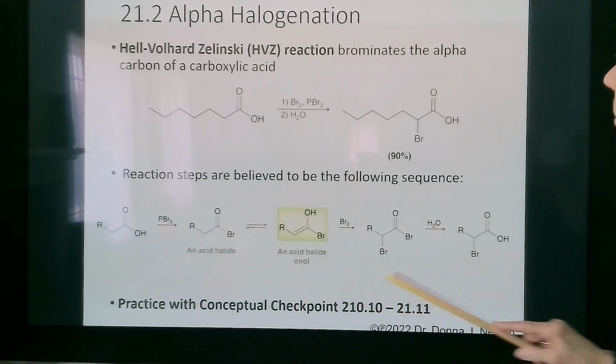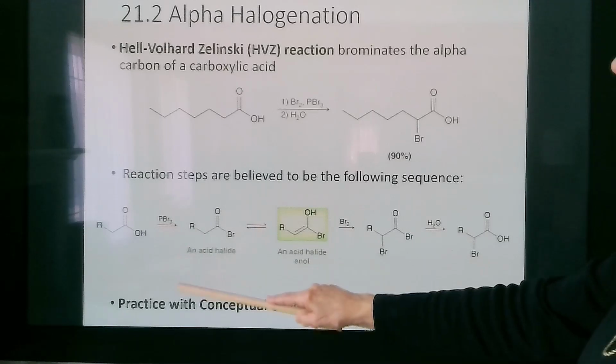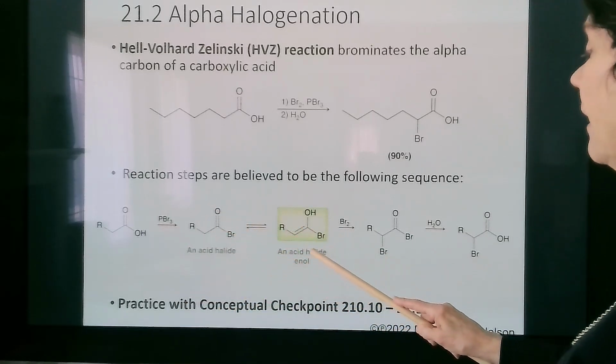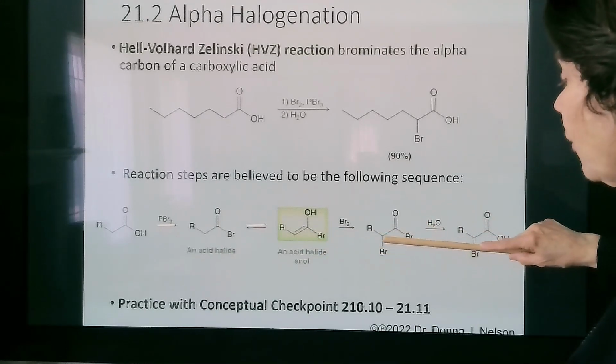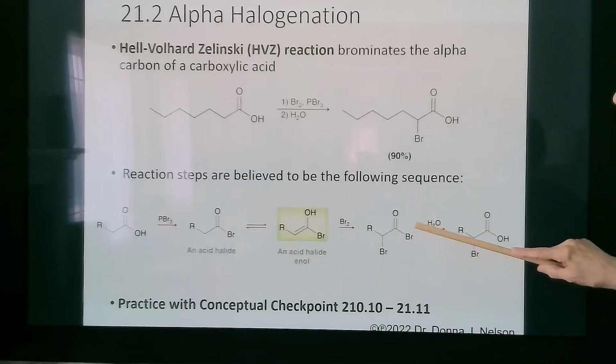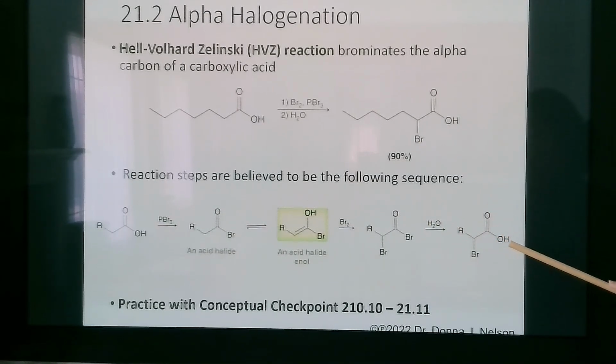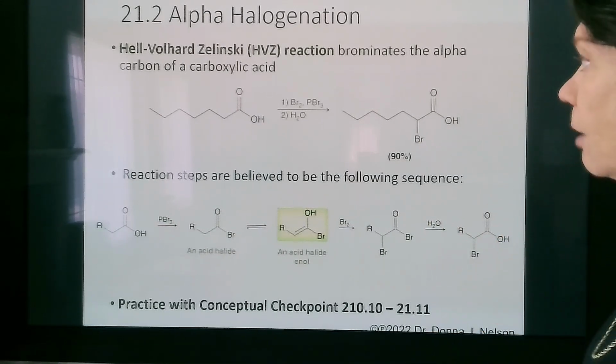Without the explanation, you might not realize that it's gone through the acid bromide, and then the acid bromide is the one that is actually being brominated at the alpha position, and then the acid bromide is subsequently converted to the carboxylic acid.